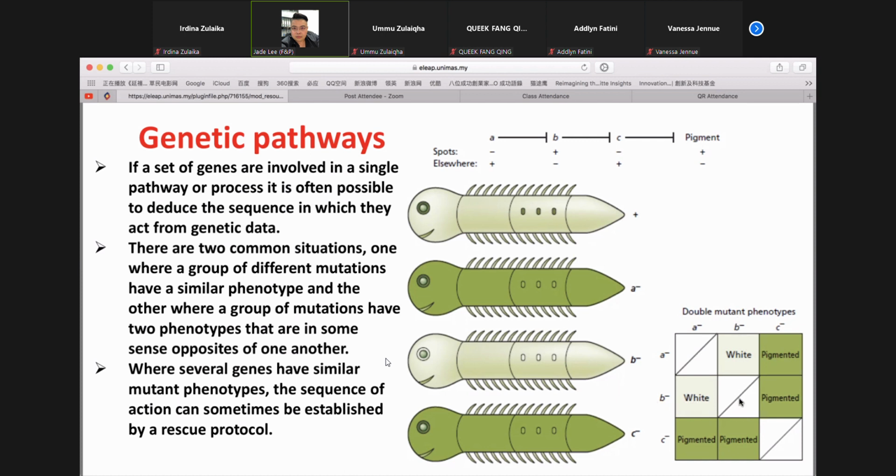Dan kalau C dengan B dia pigmented juga. Dan A dengan C pigmented. B and C also pigmented. So apa maksudnya di sini? What can you deduce from here?